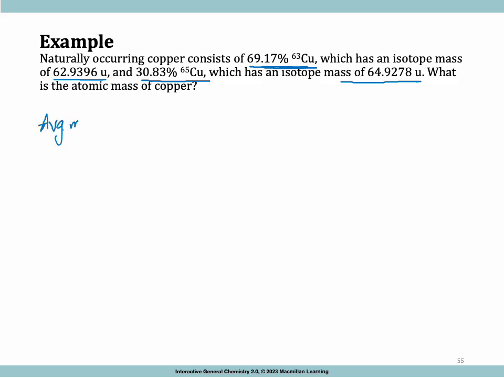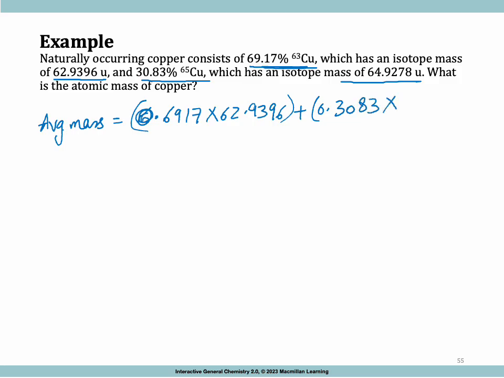Again, the average mass will be the percent, which is 69.17 divided by 100, which will give you 0.6917 times 62.9396, plus 0.3083 times 64.9278. Plug this into the calculator exactly like this with the parentheses, okay, and that should give you a final answer.